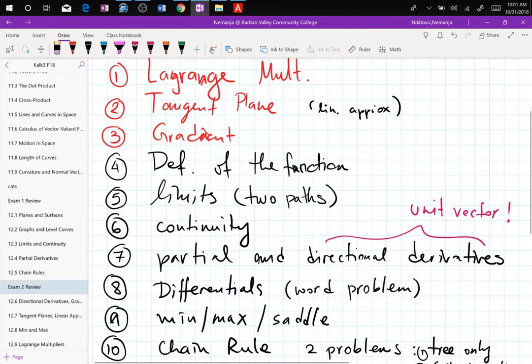Also for Lagrange, if you have the equation in the text given, like your project has the Cobb-Douglas equation given, you can just work with that equation. If it's some simple geometry that you guys can take care of, then take care of that geometry, and technically that's what it is.